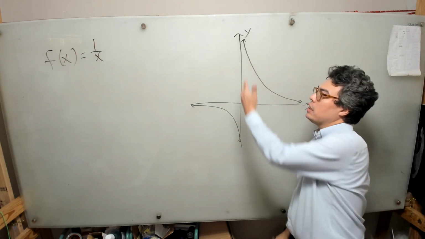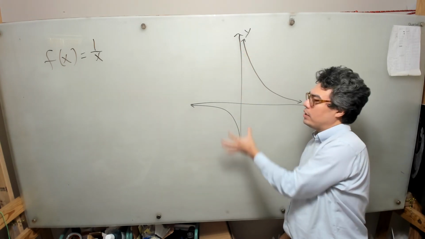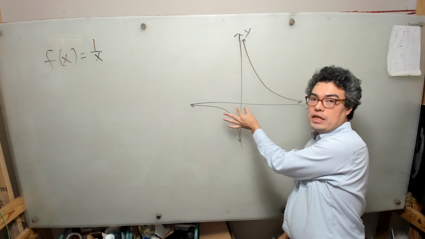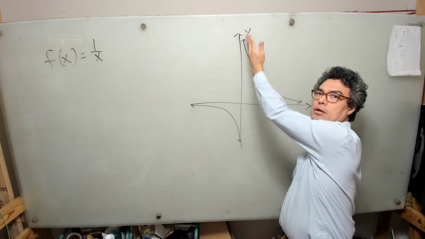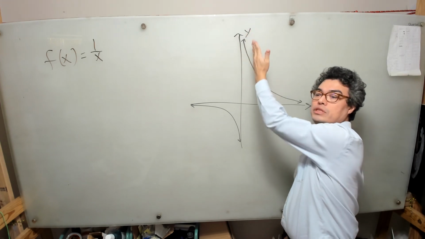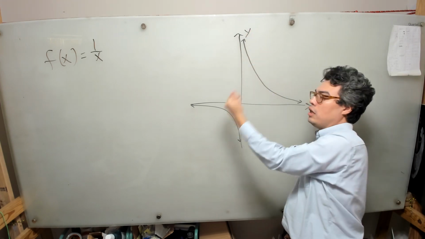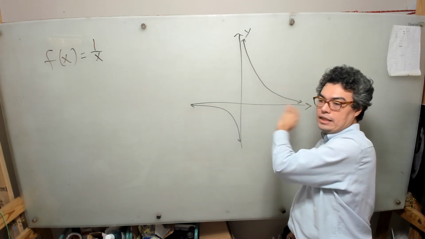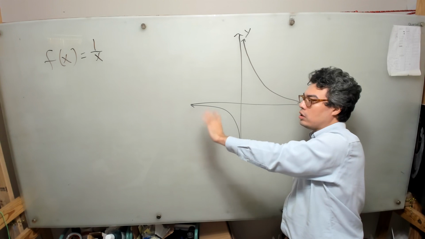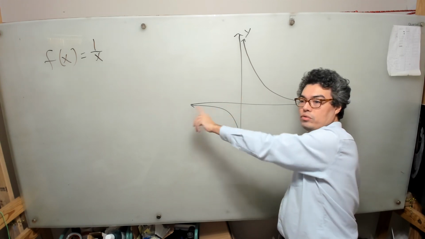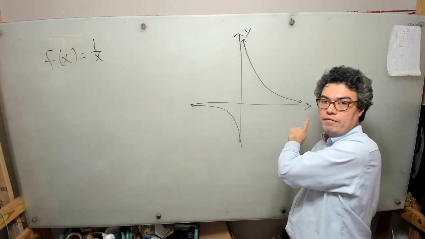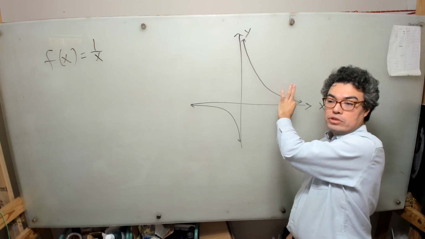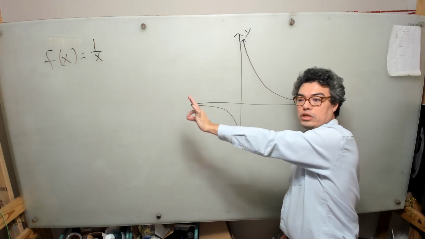To be specific, this is a vertical asymptote because as x approaches 0, the function grows in an unbounded fashion here and grows in an unbounded fashion here. In this case, this is known as a horizontal asymptote because as x goes off to negative infinity and to positive infinity, the y values approach the horizontal asymptote.